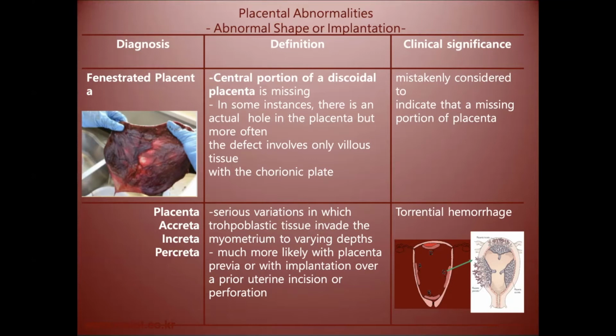If it's not diagnosed before delivery, it can lead to catastrophic postpartum hemorrhage with life-threatening complications. Risk factors include increasing maternal age, previous cesarean delivery or myomectomy. Risk factors also include multiparity and previous intrauterine maneuvers.